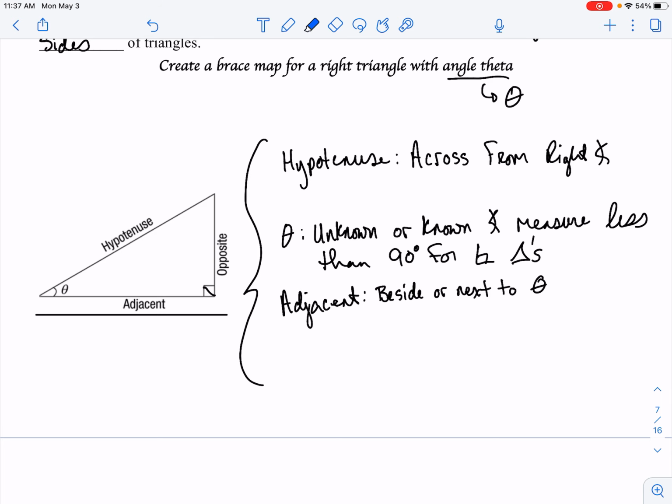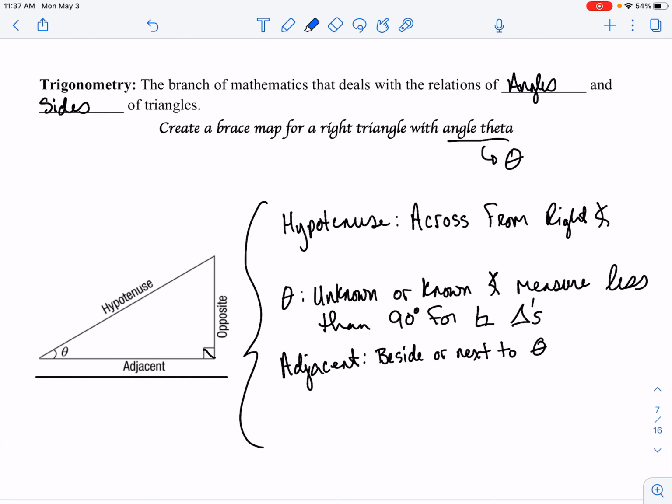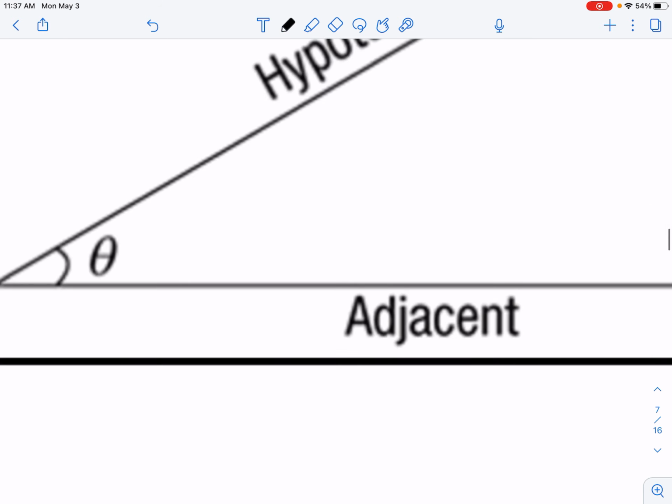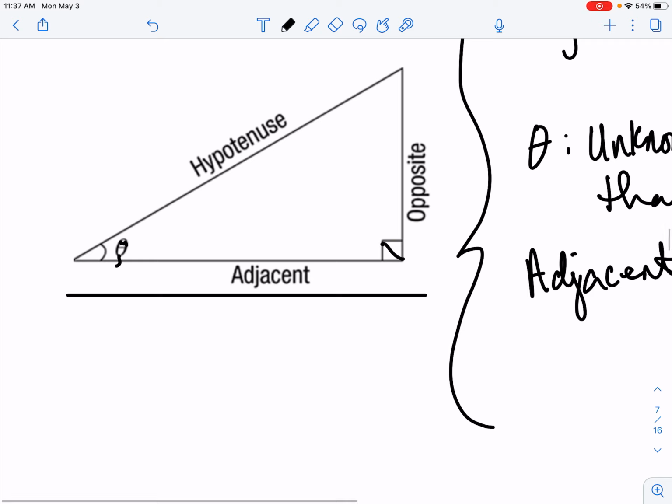So if I think of theta as like a mouse, most people don't like mice. They don't want it running around their bedroom. So if I think of our bedroom as being a right triangle, you're scared of it. You don't want it to run over to you. So if you trap it, the trap would keep it contained.